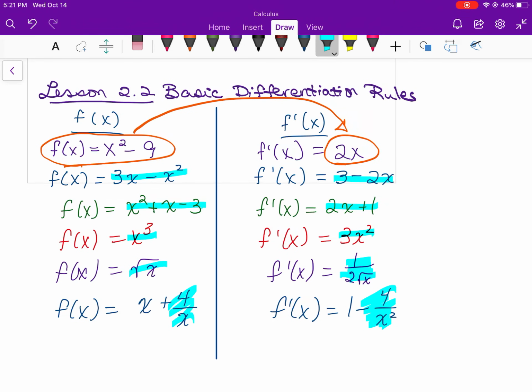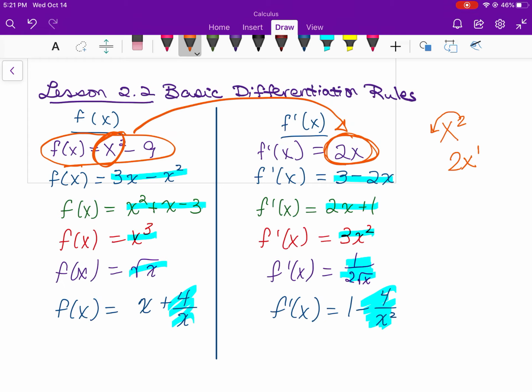The kids noticed that when I go from x squared to 2x, all I'm doing is taking the 2 on the original x squared, bringing it down to the front, so that would make it 2x, and then lowering my exponent by 1, so that makes it 2x to the first.